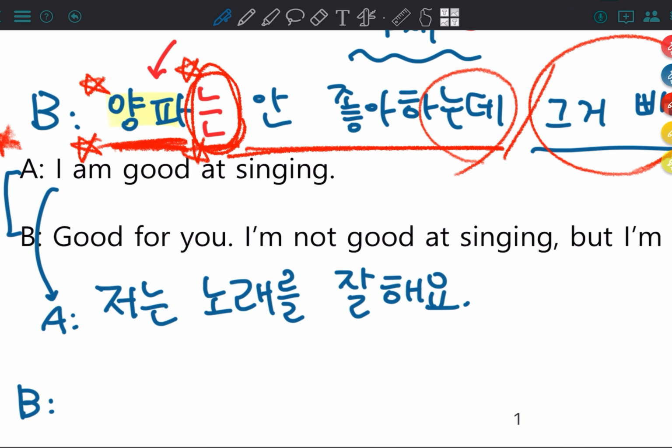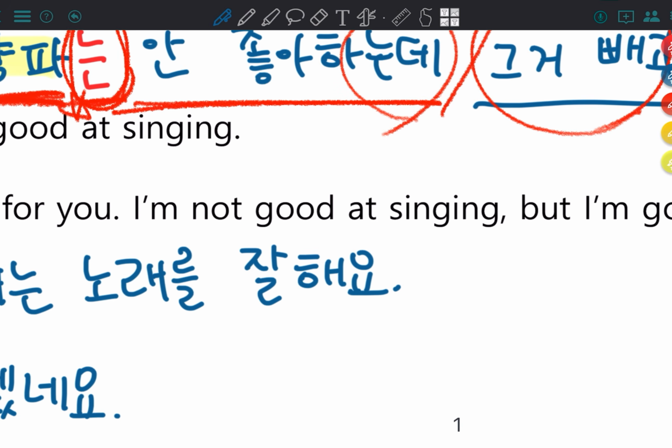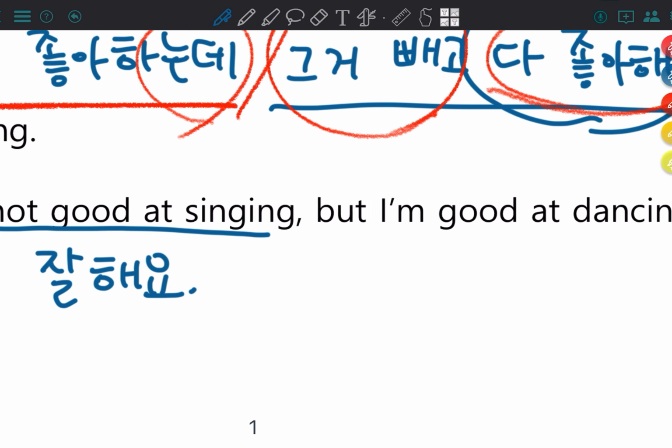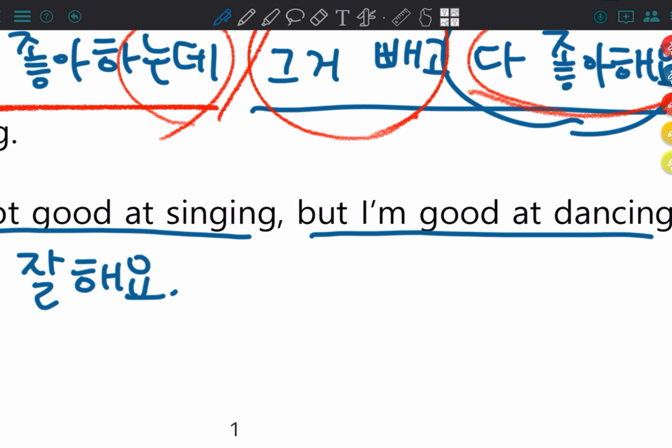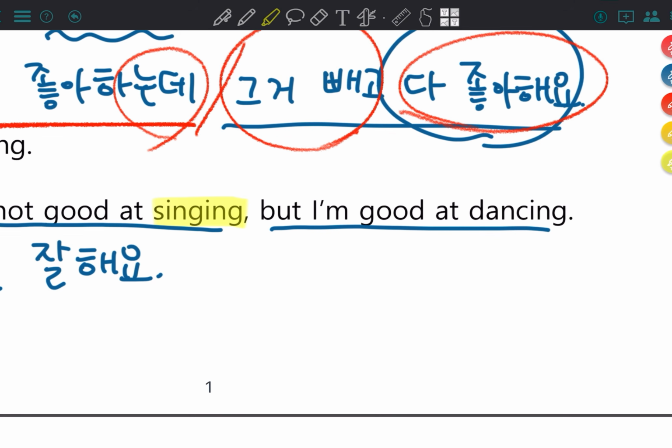And B, your friend, can answer, good for you. 아, 좋겠네요. 좋겠네요. Good for you. I envy you. That's good for you. The next sentence, I'm not good at singing, but I'm good at dancing. So technically, grammatically, singing should be an object in a sentence.